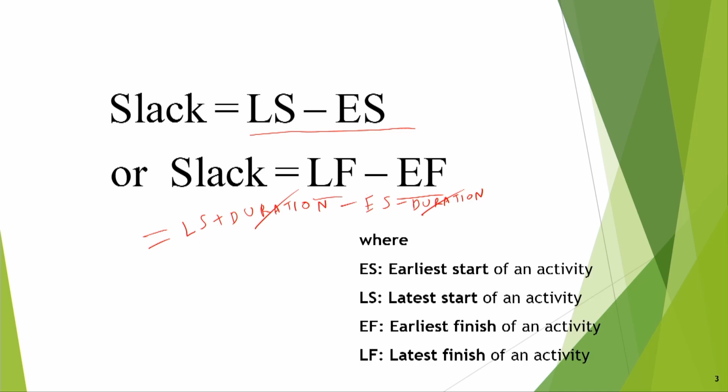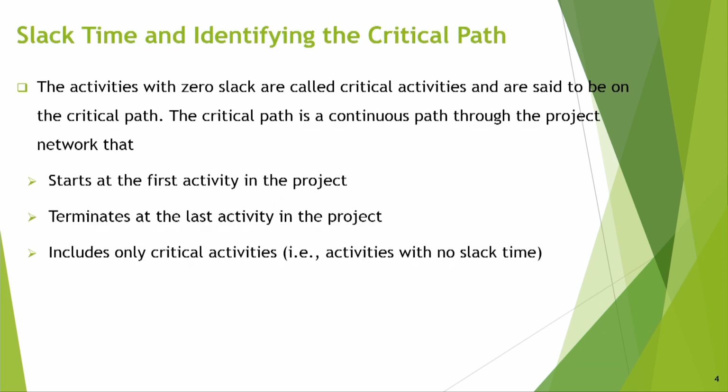So ES is the earliest start of an activity, LS is the latest start, EF is the earliest finish, and LF is the latest finish of an activity. This is important.